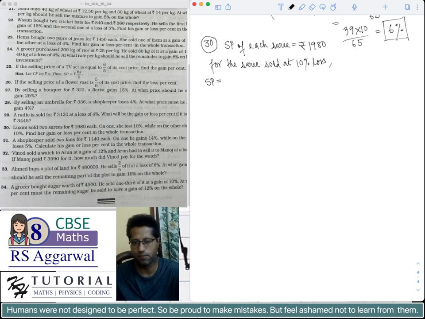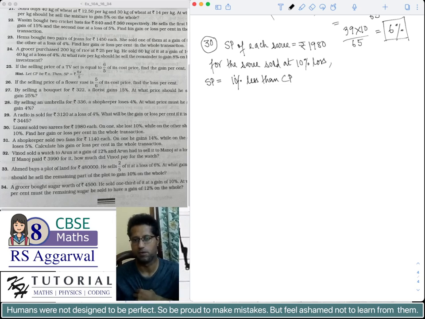If there is a loss of 10%, the selling price is 10% less than CP, where we are considering CP to be the cost price of the first saree, that is the saree that was sold at 10% loss.